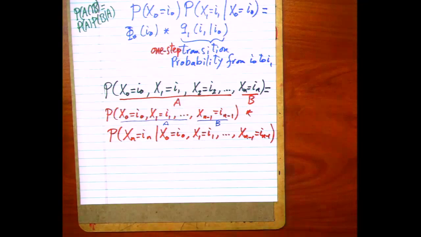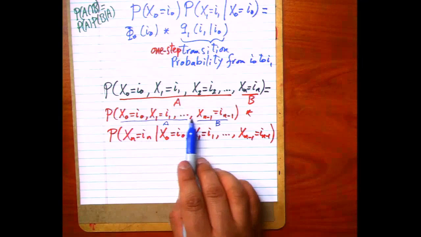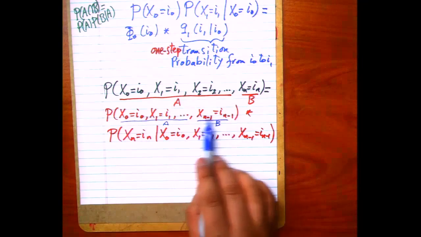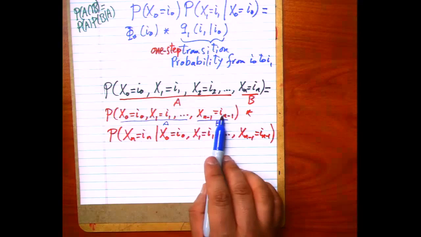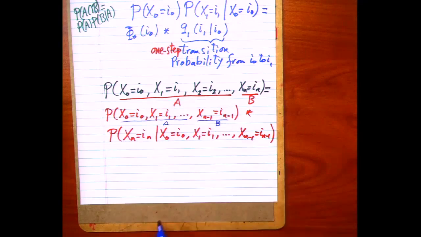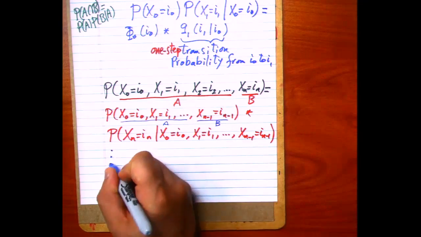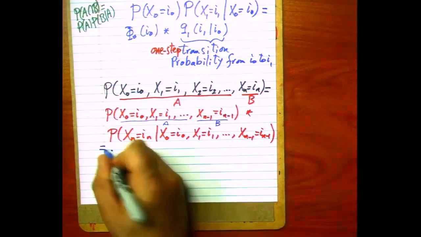Then it's the probability of A up to n-2 times the probability of this new B, x_{n-1} equal to I_{n-1} given A, times this one, of course. And keep doing this over and over and over till we reach this term.